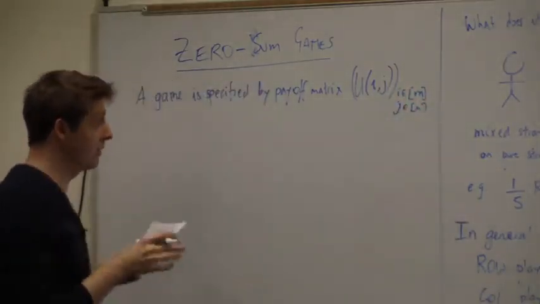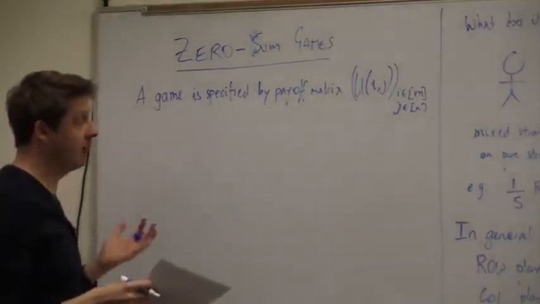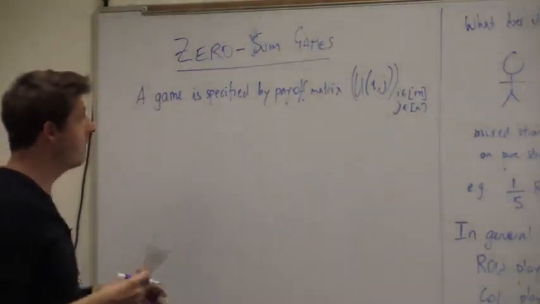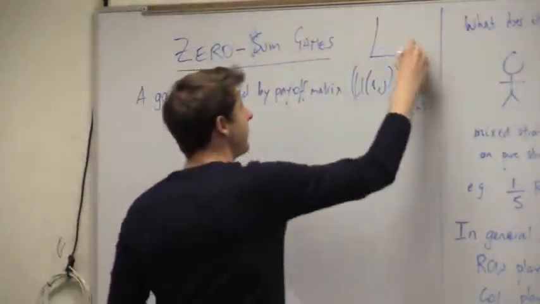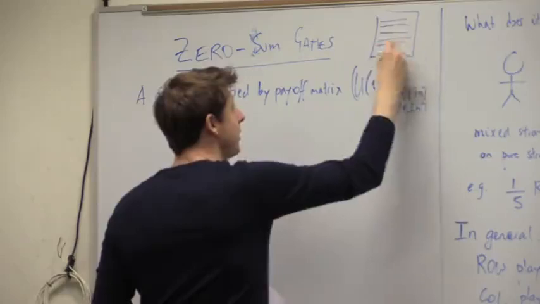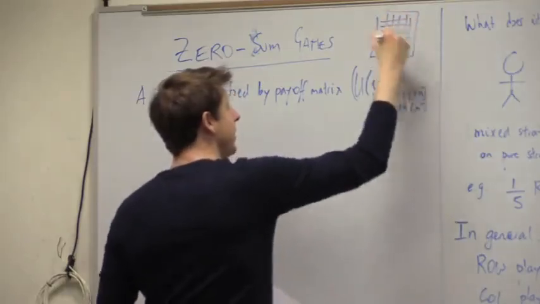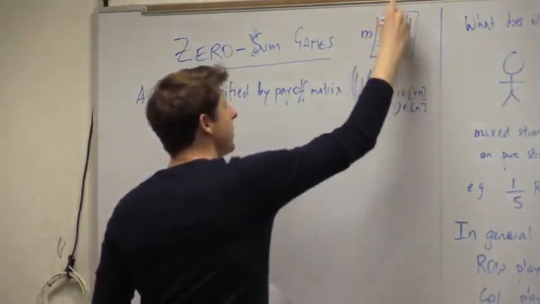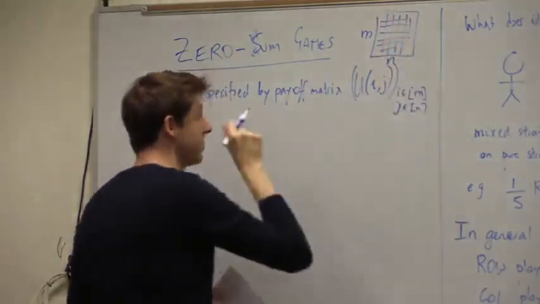Okay? So in general, it doesn't have to be the same. We've seen a 3x3 game, a 2x2 game. Now we have an m by n game. So you have this matrix, has numbers inside. There's m rows and n columns.